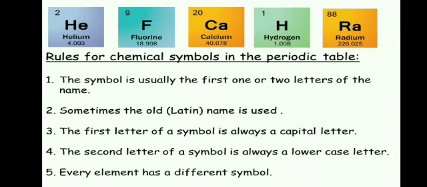Sodium is derived from its old Latin name natrium, so the symbol for sodium is Na. Many elements get symbols from their Latin names, for example, gold, silver, and so on.